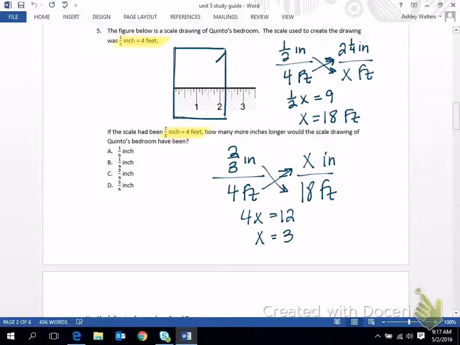So that means now we would have taken up 3 inches. So we're looking for the difference between the 2 1/4 inches that's in our picture and the 3 inches that a different picture with a different scale would have created. And the difference between 2 1/4 and 3 is 3/4 of an inch. So the correct answer here is C.